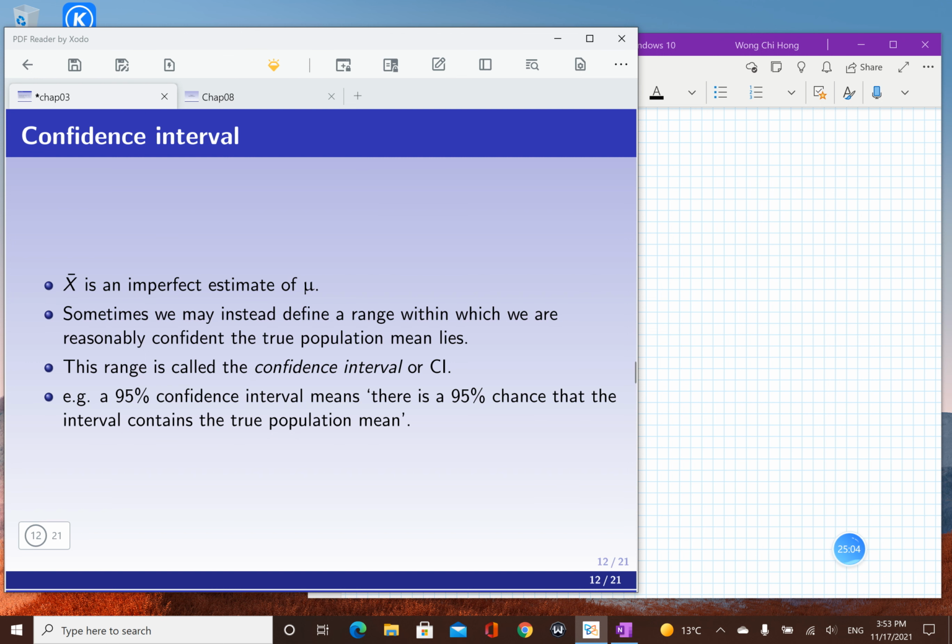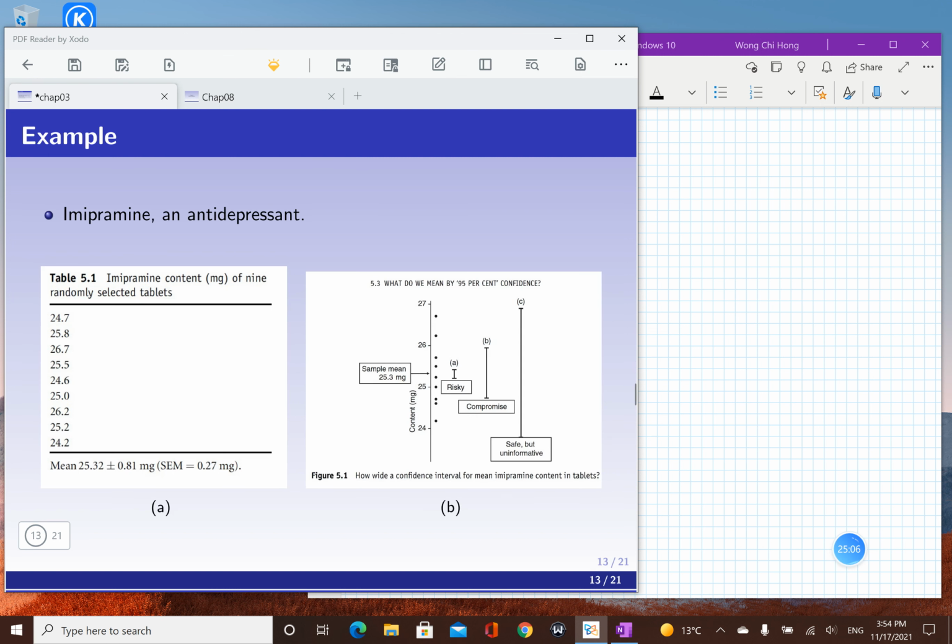Why don't we just write down a very wide range, like in this example here, imipramine? I'm sorry, I don't know much about drugs. As I checked, this is some kind of antidepressant. So these people take these pills when they have depression and all that.